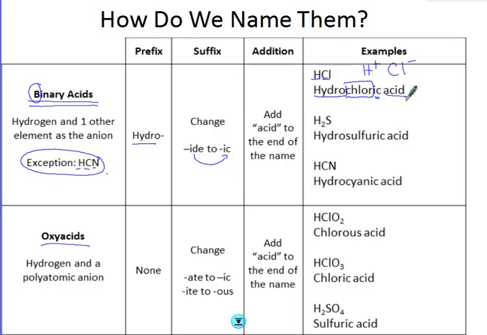Hydrosulfuric acid, H2S, again with a 2. We've got the H+ and the S2-, and that's why you've got to have 2 H's to balance out these 2 negatives. Now, sulfur becomes sulfide, and something special happens here with sulfur: it actually puts the "ur" back in, so it becomes hydrosulfuric.